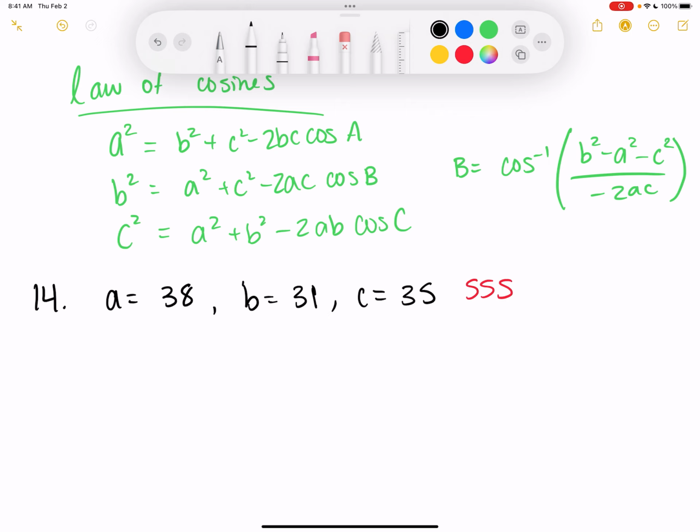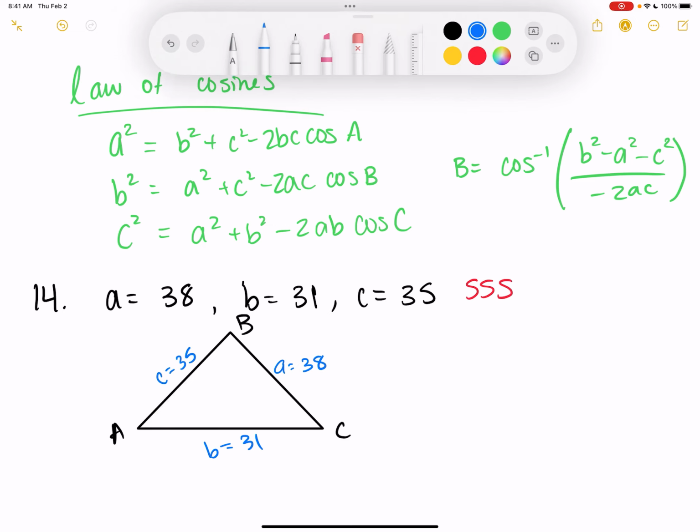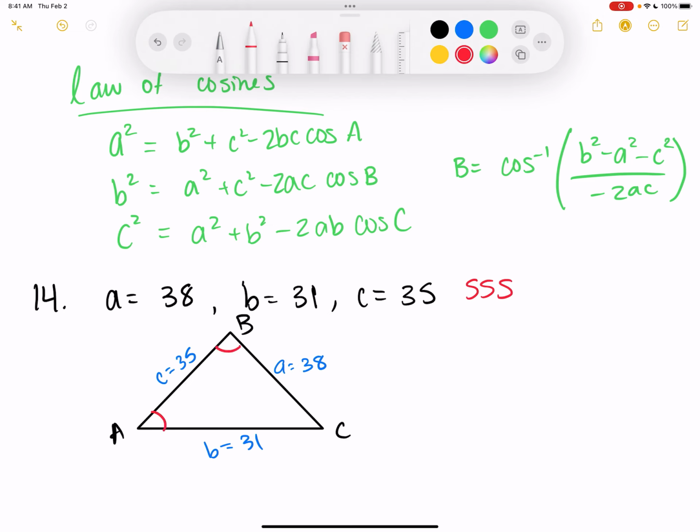Okay. All right, I'm going to go ahead and set up a triangle, and label it A, B, and C. And then side A is 38, side B is 31, side C is 35. And so I'm trying to find each of these angles.